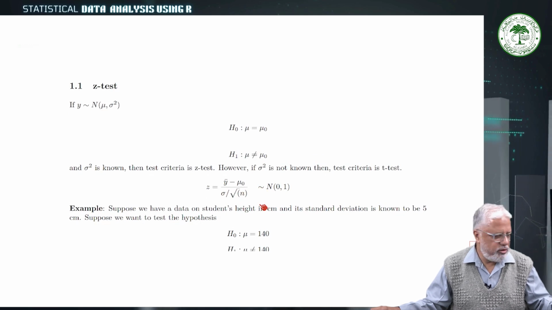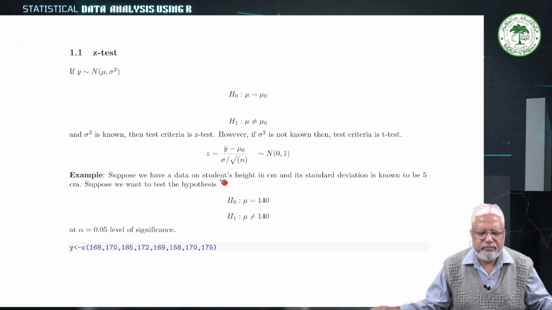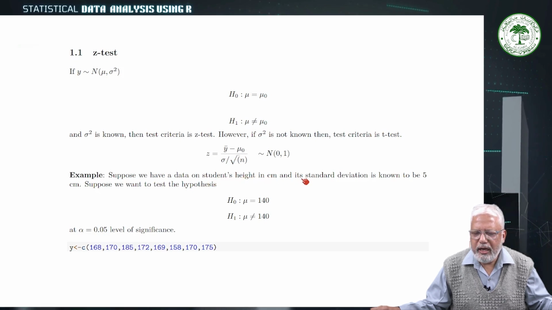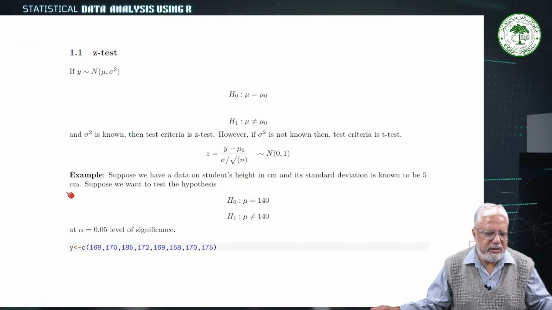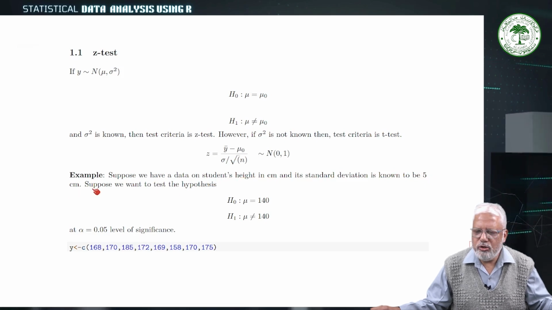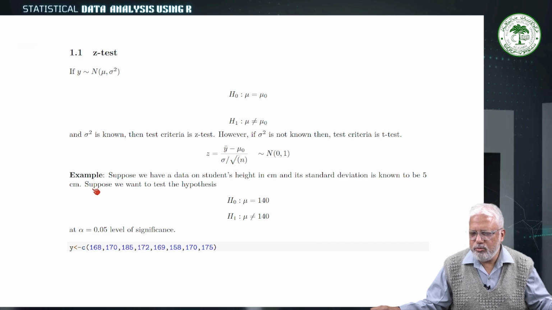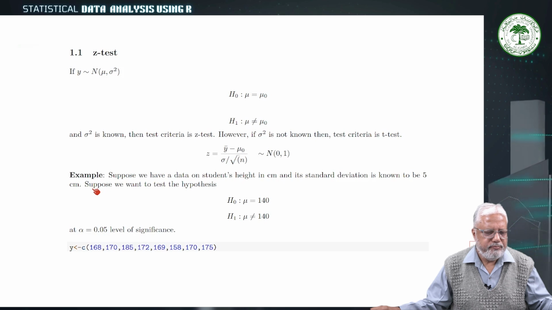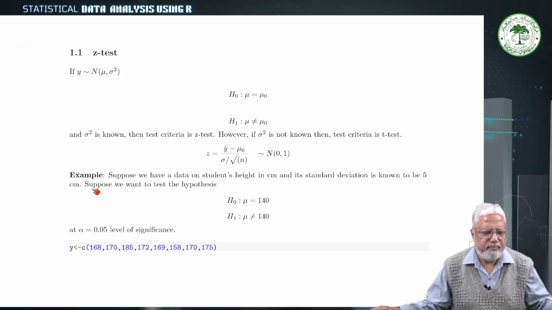Now, we are going to discuss an example. Suppose we have data on students' height in centimeters and its standard deviation is known to be 5 centimeters. Although it is a very peculiar assumption, we hardly know the SD, we are just assuming this to illustrate the problem.